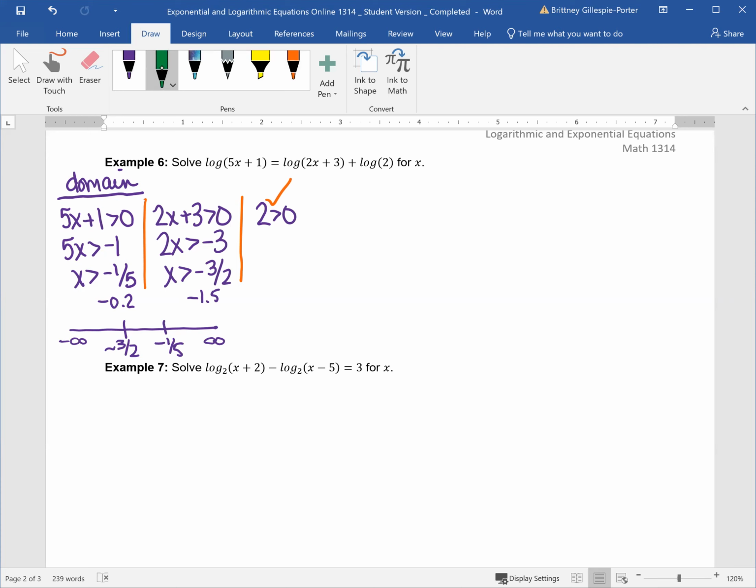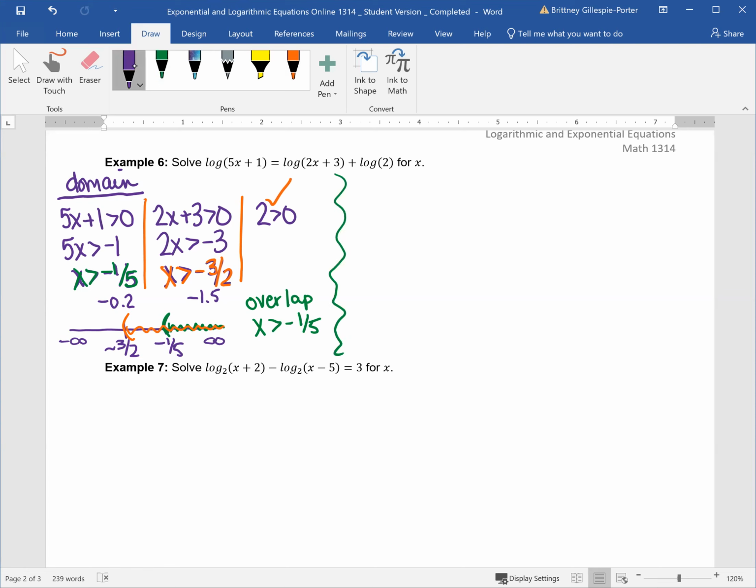The x greater than negative 1/5 is going up towards positive infinity. The x greater than negative 3 halves is also going up towards positive infinity. You have to worry about where we overlap. We overlap at x greater than negative 1/5. So we need our answer to be greater than negative 1/5.